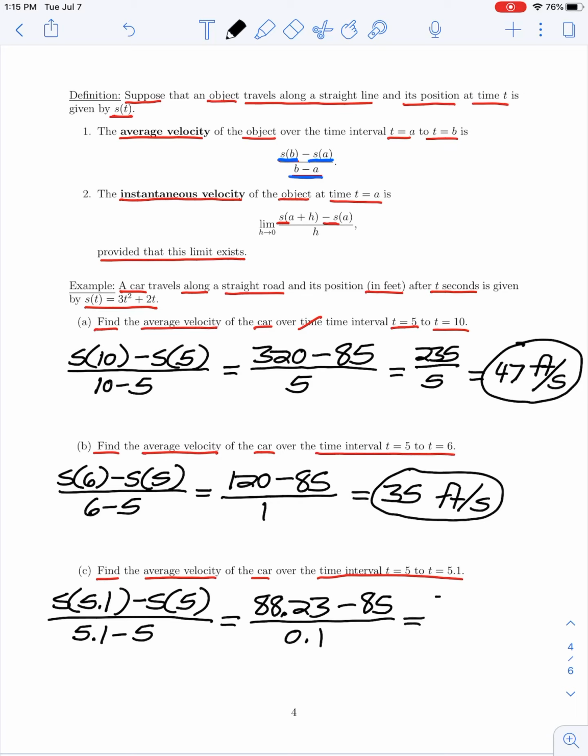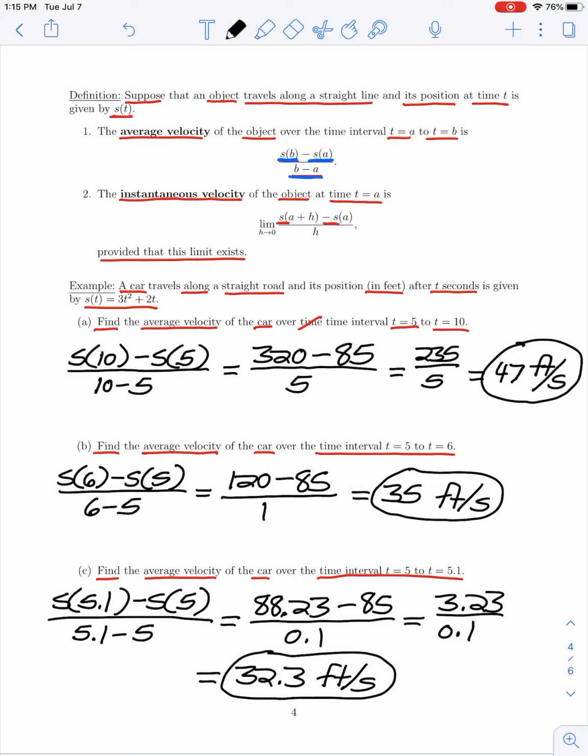So this leaves us with 3.23 divided by 0.1. So that's dividing by 1/10, or equivalently we could multiply the numerator by 10, and we're left with 32.3 feet per second.